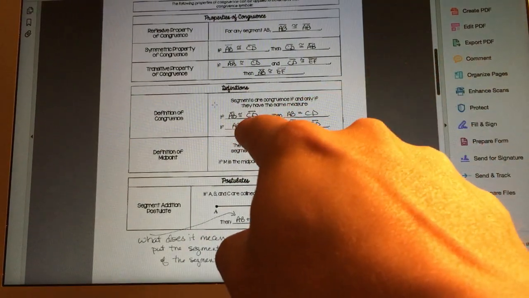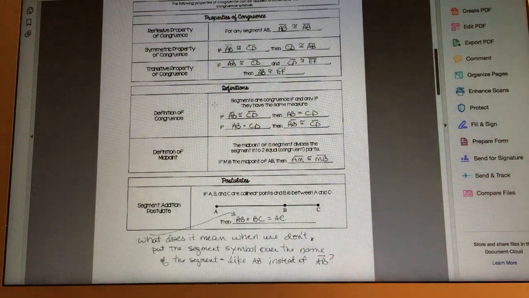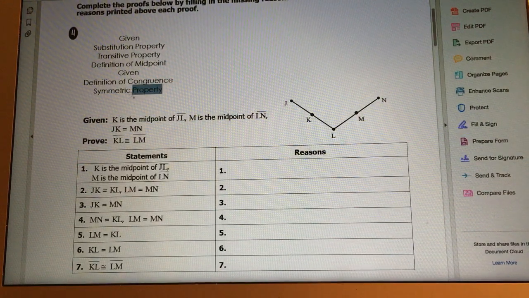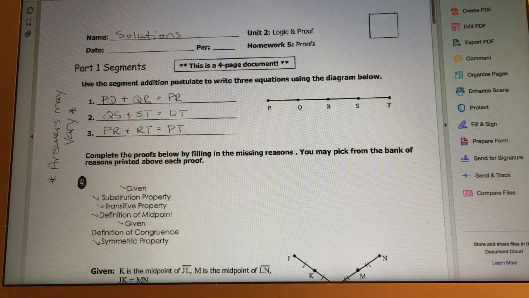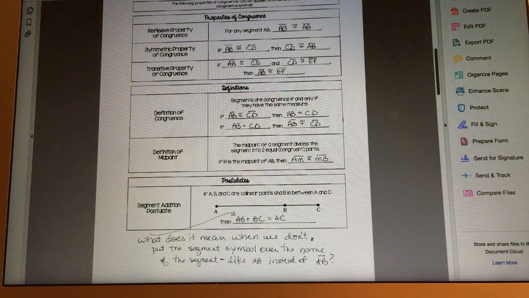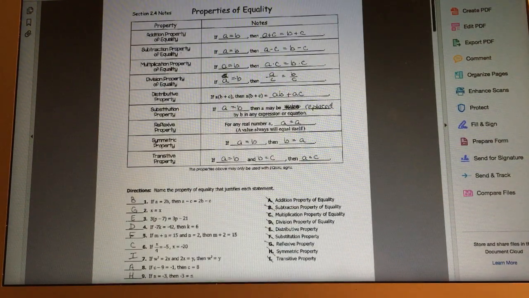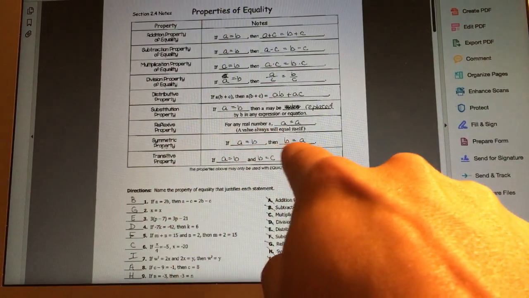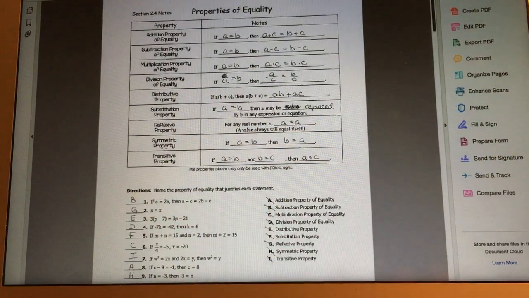You can also work from the equal sign to the congruent symbol. So that's what definition of congruence allows us to do. And then lastly, the symmetric property. The symmetric property is the one that turns around an equation. If A equals B, then B equals A. So that is what the symmetric property allows us to do.